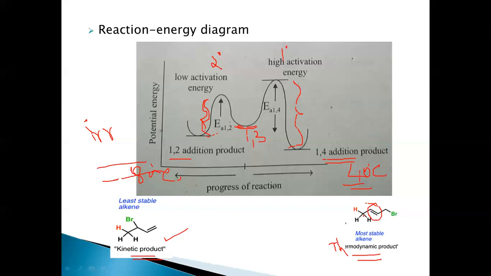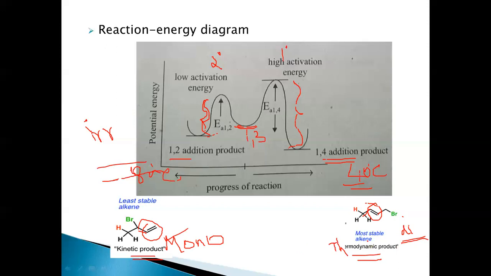Here, this is a disubstituted alkene, with one substituent here and one here. But here, this is only a monosubstituted alkene. So the monosubstituted alkenes are less stable when compared to these disubstituted alkenes. The more substituted alkenes are more stable thermodynamically.